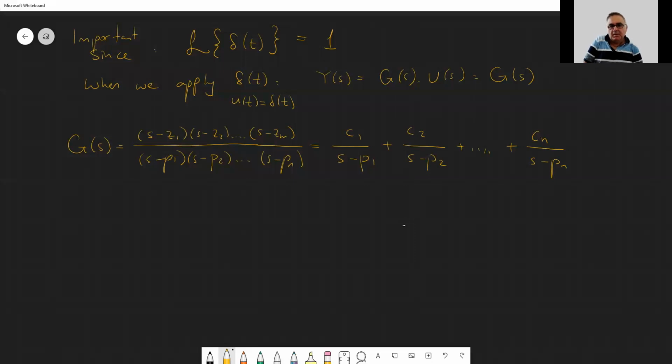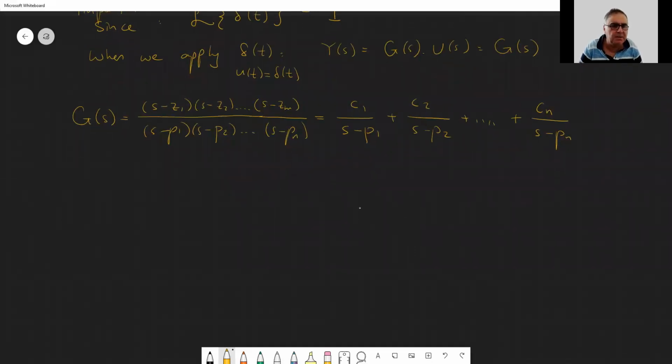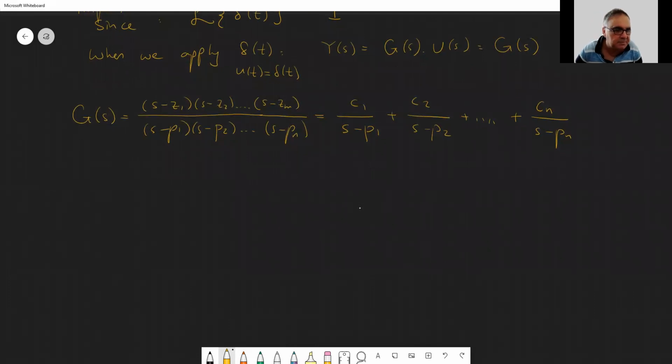Now, let's say that we apply an impulse input. So y of s equals g of s, which is this thing above.